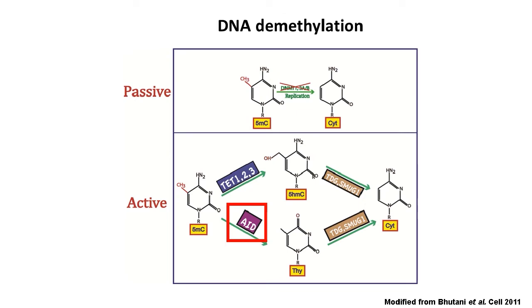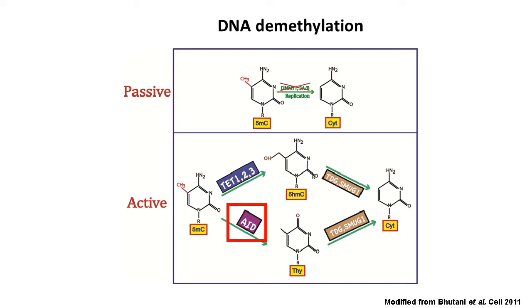My work started when I started looking at the function of the enzyme known as activation-induced cytidine deaminase in the process of somatic cell reprogramming. AID is known to have a function in DNA demethylation.